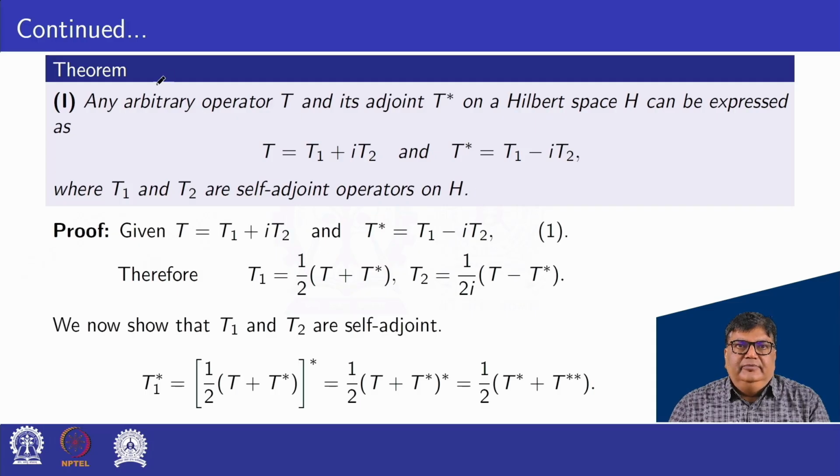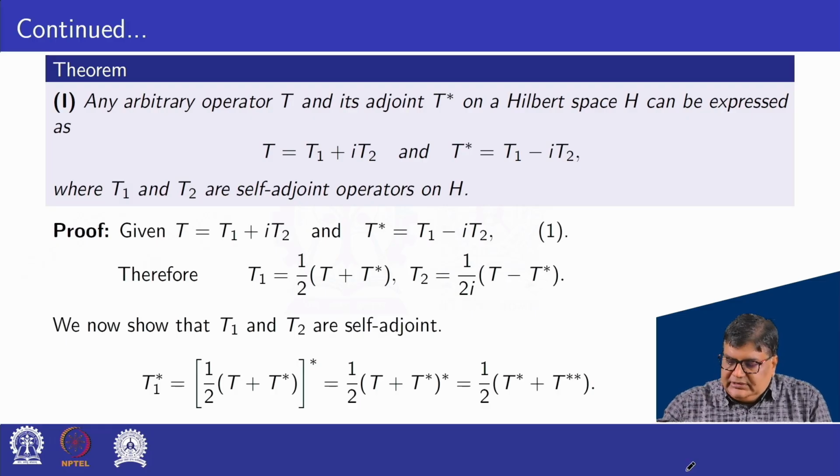Proof: suppose T is any arbitrary operator, T1 plus i T2, and its adjoint T star is equal to T1 minus i T2.